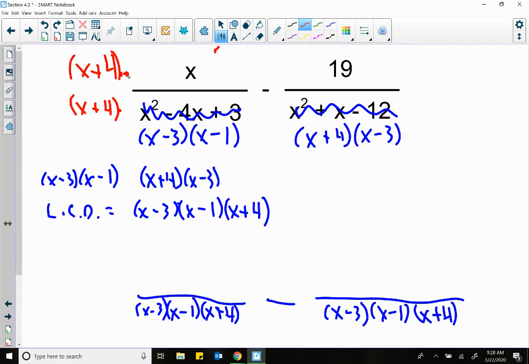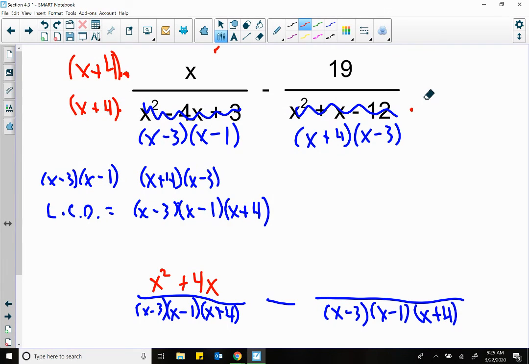Okay? So if I distribute the x through, x times x squared, x times 4 is a positive 4x. Okay? Over here, I've got x plus 4, x minus 3. This is what I want. So what's missing?